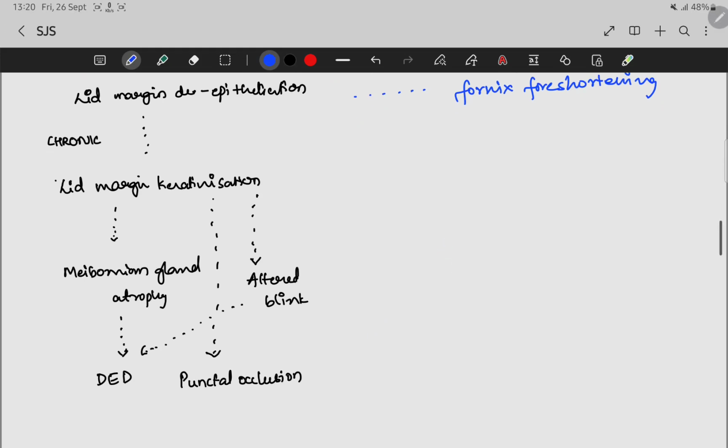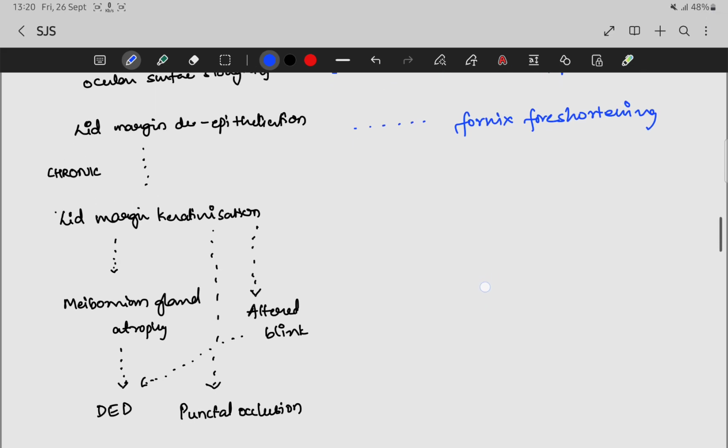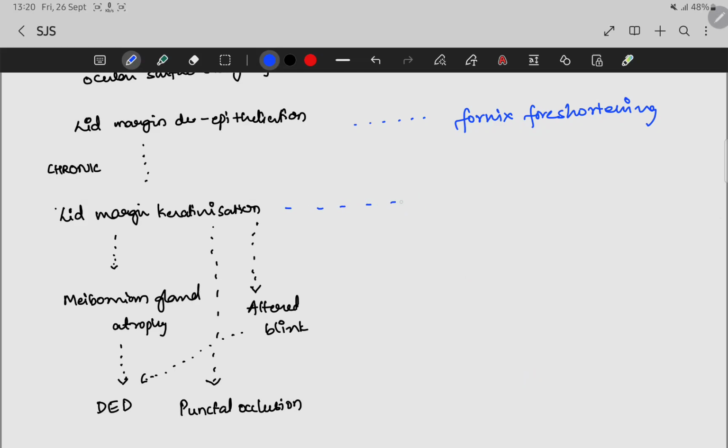Coming to its sequelae or side effects, this lid margin keratinization can also cause symblepharon and ankyloblepharon, ectropion, entropion, trichiasis, distichiasis. All this can be caused by it, right? And the symblepharon in turn can also lead to ocular motility restriction, lagophthalmos, and chronic exposure.